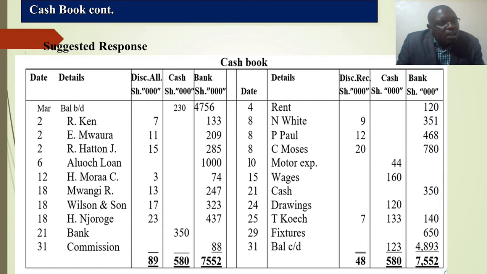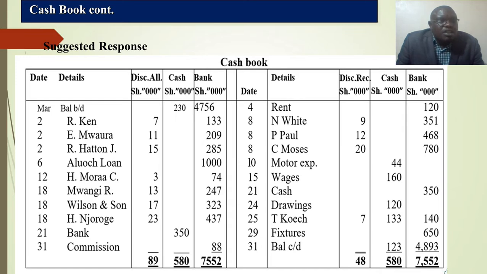So on second, there is money which is received from Arken. Arken is a debtor. He was owing us 140,000 Kenya shillings, but we allow him to pay 133,000 because we have allowed the discount to this debtor, and the discount is 7,000.